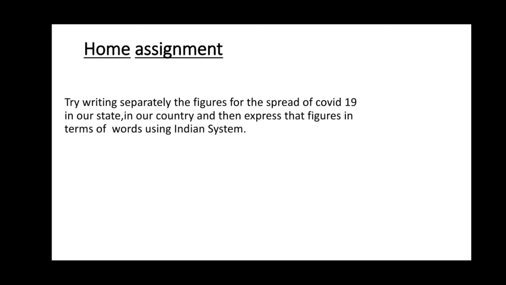Now you can see at the tens place, how many tens do we have? 3. So 3 multiplied by 10 gives you how much? 30. And 9 is at the ones place, so 9 into 1 gives you what? 9. So we can write it as 39. So likewise you can practice for the second given question.